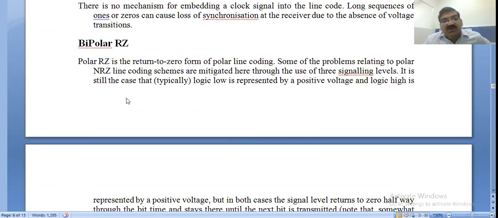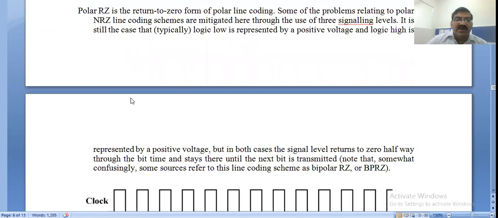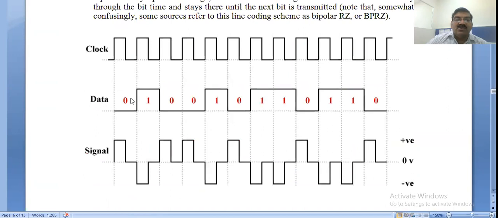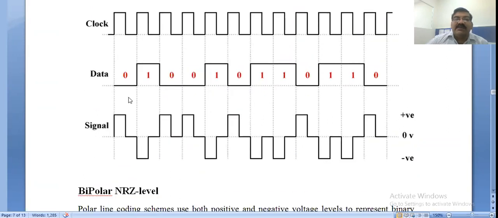Now, similar to this unipolar, there is a bipolar. So what is the difference in the bipolar? Here this is a positive pulse, and this is the 0. In the bipolar, you just return to 0.